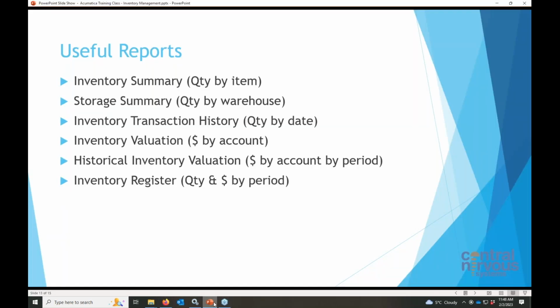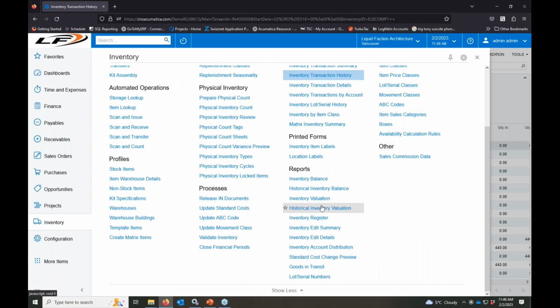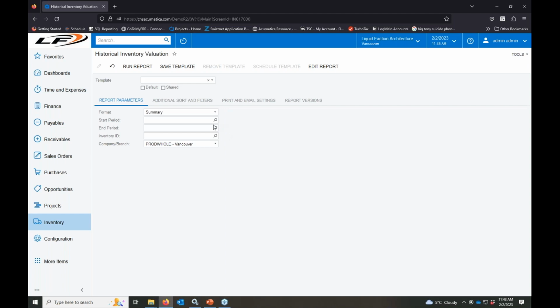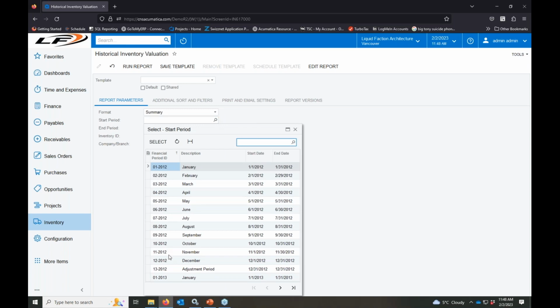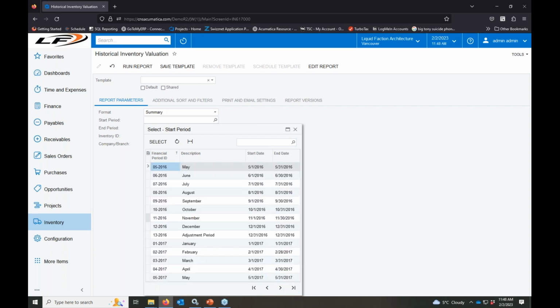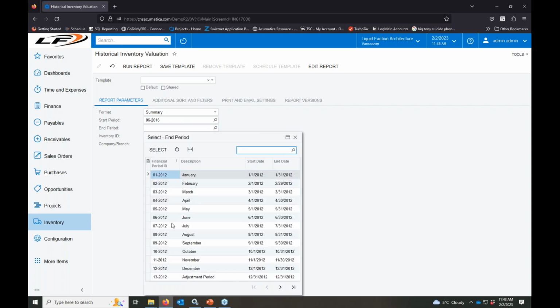What else did we have? Historical inventory valuation is a good one. It's an old database, so let's pick the start, June 2016.